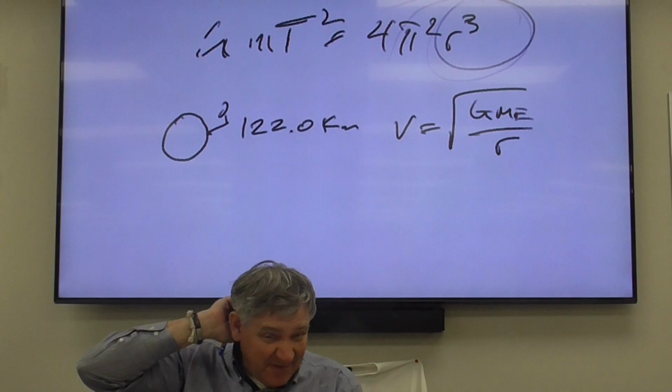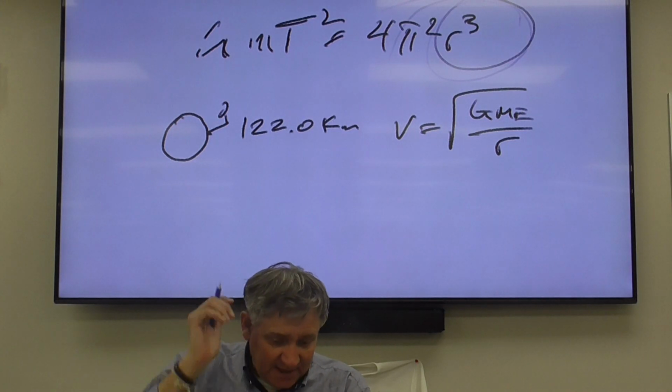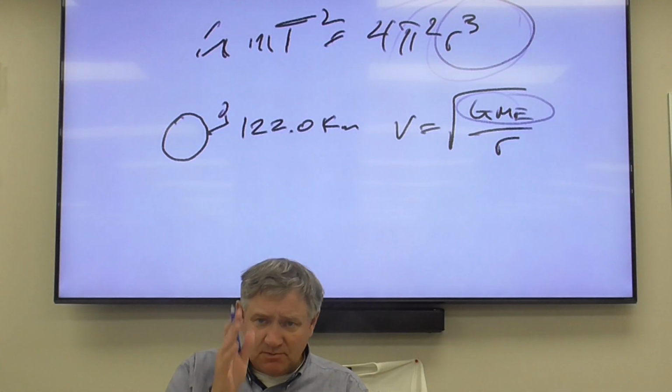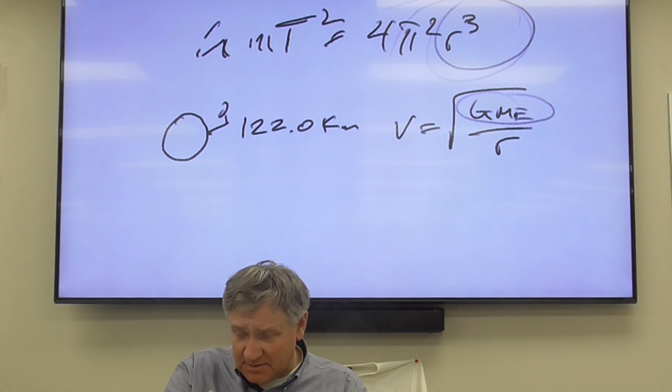Now, if you really want to be efficient, a lot of times you're multiplying big G times the mass of the Earth.